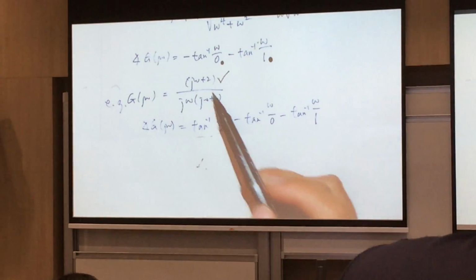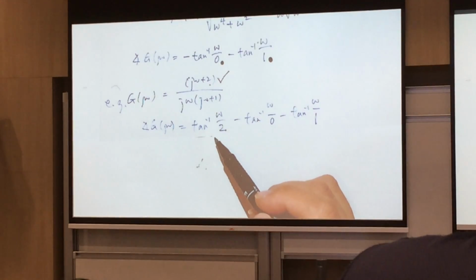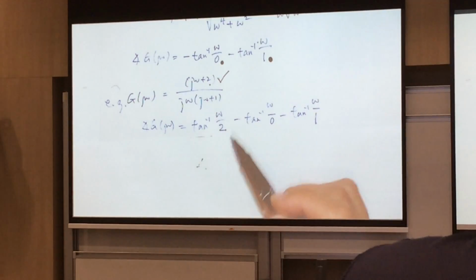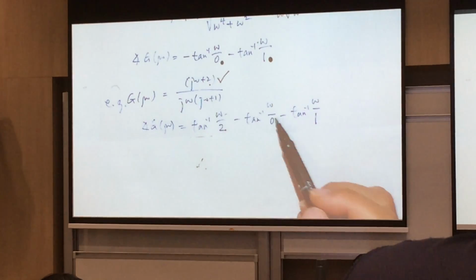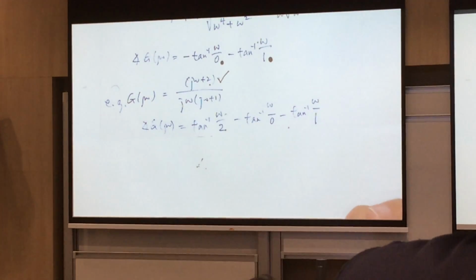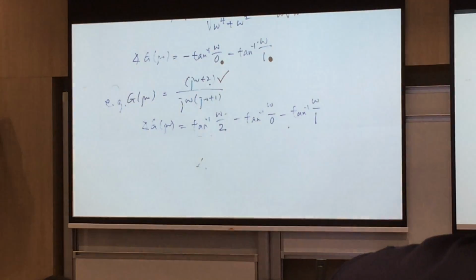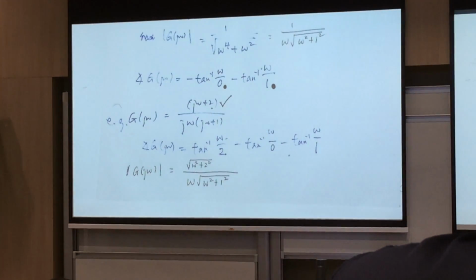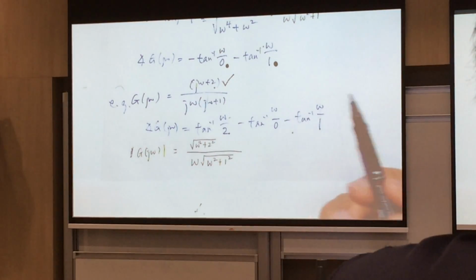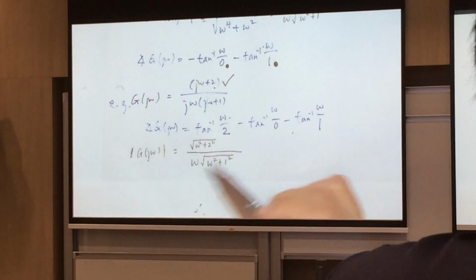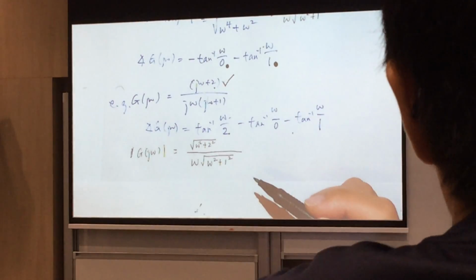In terms of the phase, the zero will contribute positive phase, so positive tangent inverse of omega over 2, minus tangent inverse of omega over 0, minus tangent inverse of omega over 1. What about the gain? The gain is the square root of omega squared plus 2 squared, over omega times the square root of omega squared plus 1.